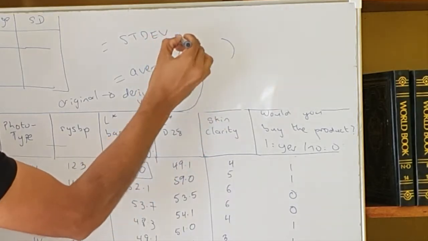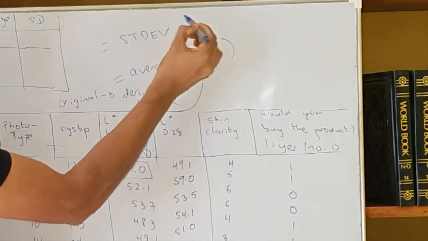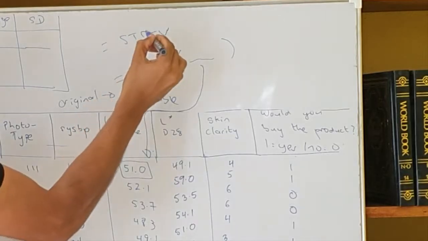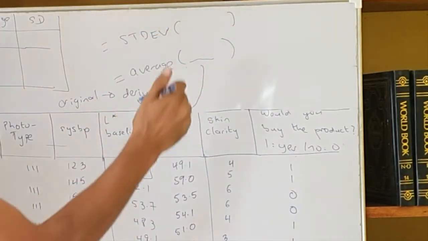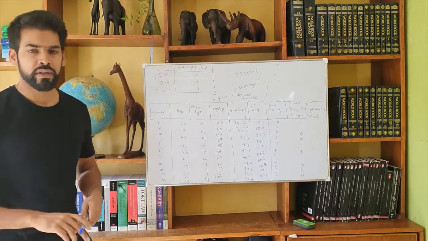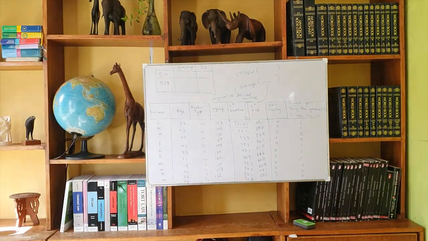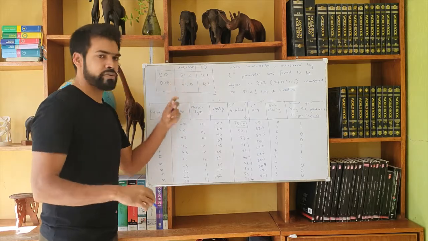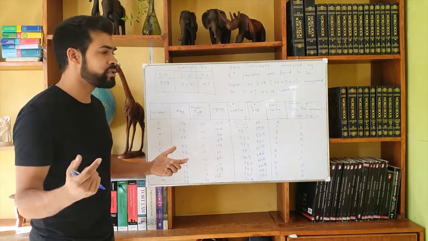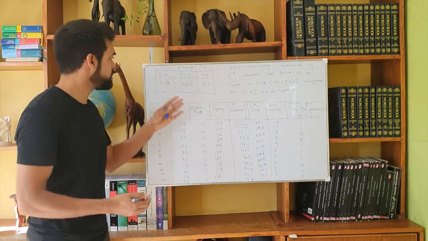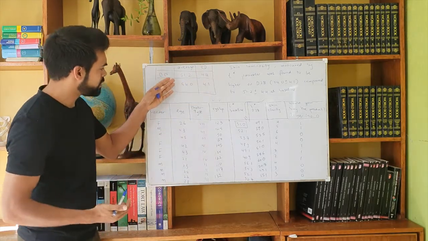I prefer to use the one with point S, but it's the same thing. So equals to standard deviation of, you just select all these values, and it's going to give you the standard deviation. So when I get the averages from Microsoft Excel, you can even use your calculator, you can even do it manually, you will find the averages to be like this.